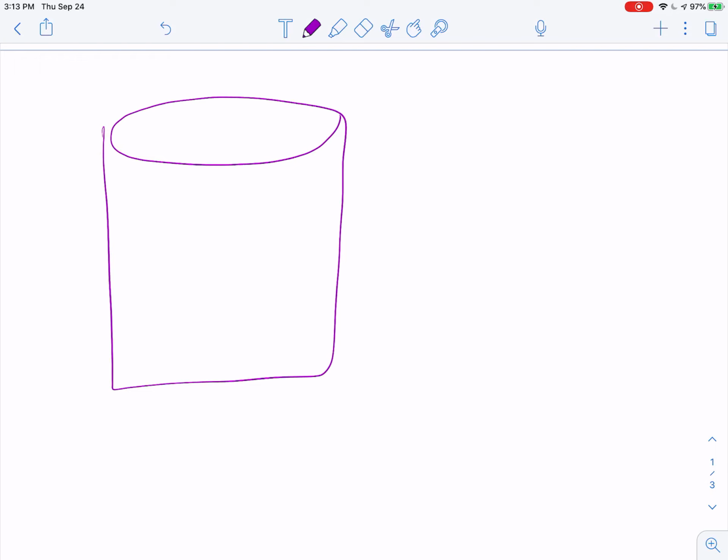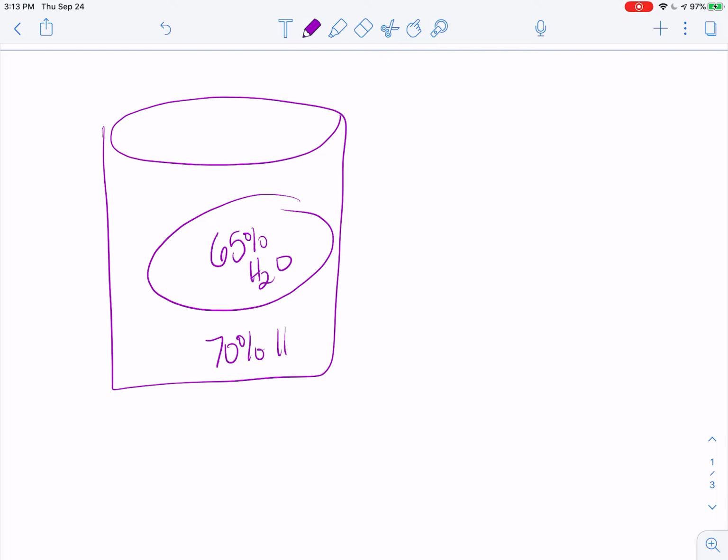So if I were to draw this right here, and I said that there was 65% water, and here's 70% water. Okay, what direction would that water go? I'm pausing because I want you to think about it.